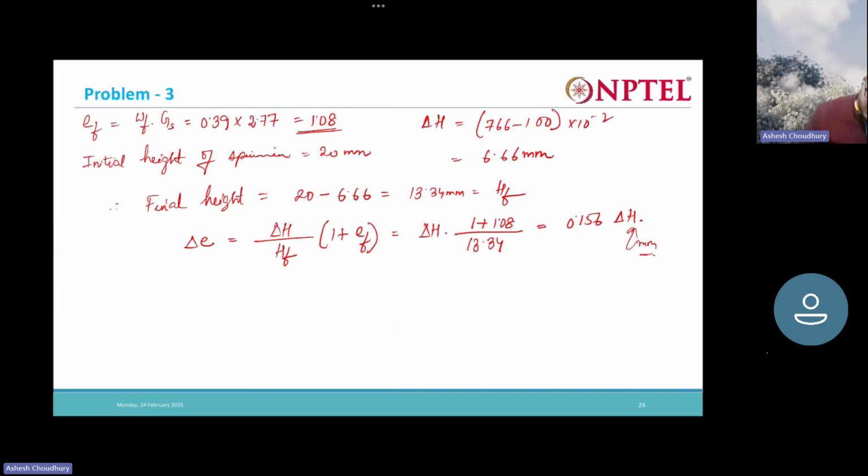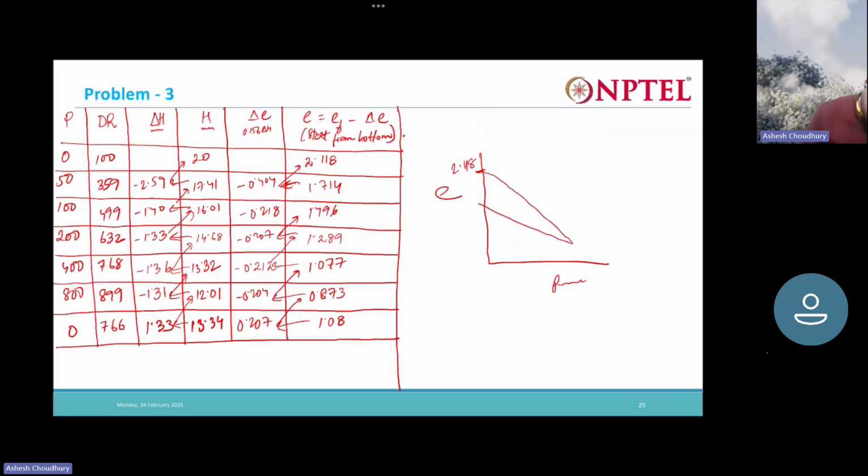You keep using this relation for each individual delta H to calculate everything. You calculate the final e and final height first, and from there you proceed backwards to the top.